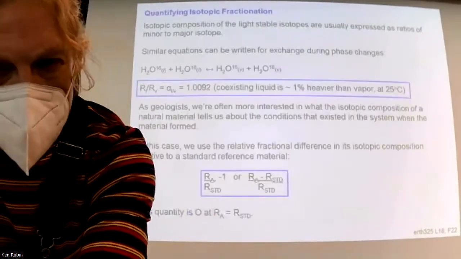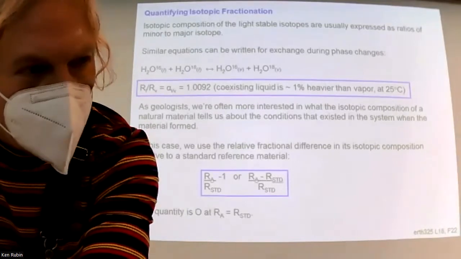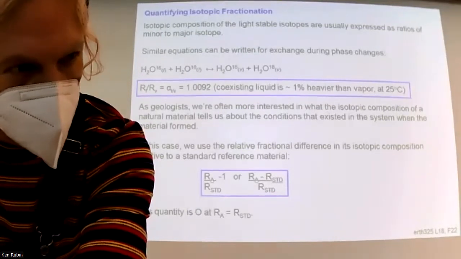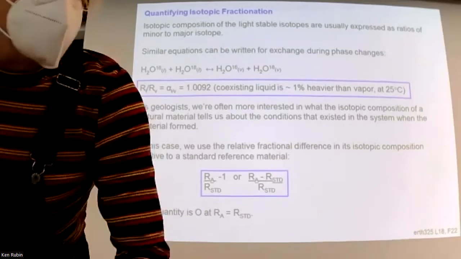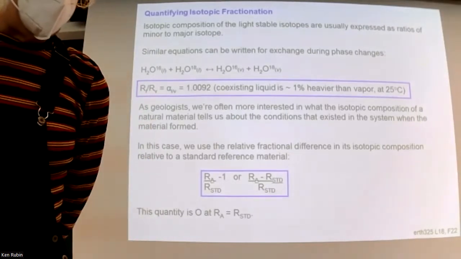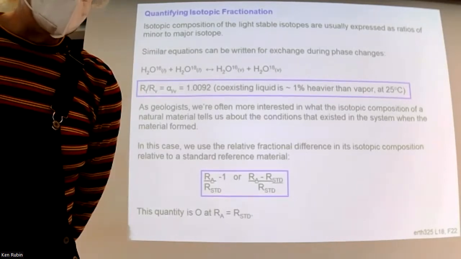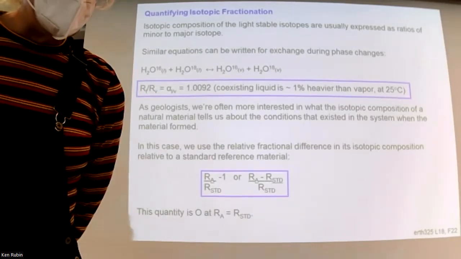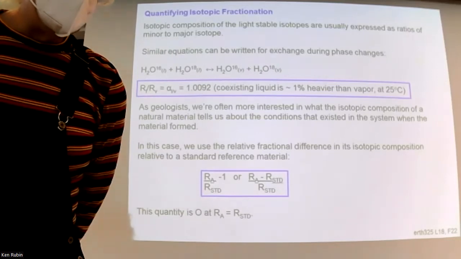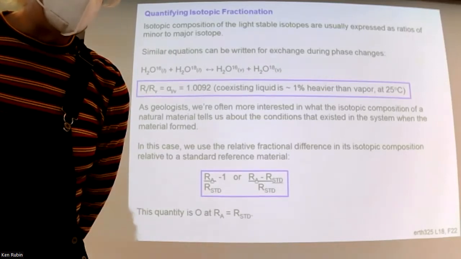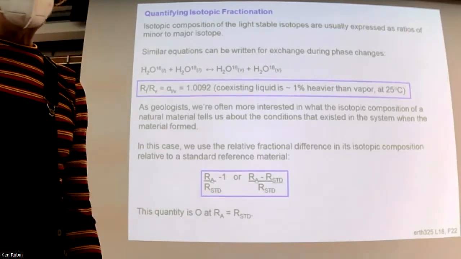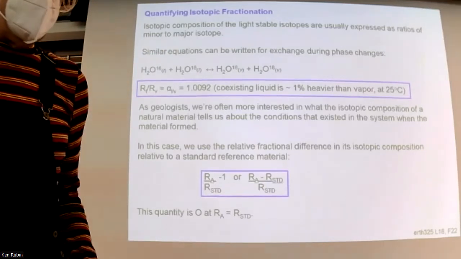So delta is equal to this, right? Yes. Then in this alpha equation, you're multiplying by 1,000 here, so wouldn't the thousands cancel out and then the plus one and the minus one cancel out? So then wouldn't it just be this?